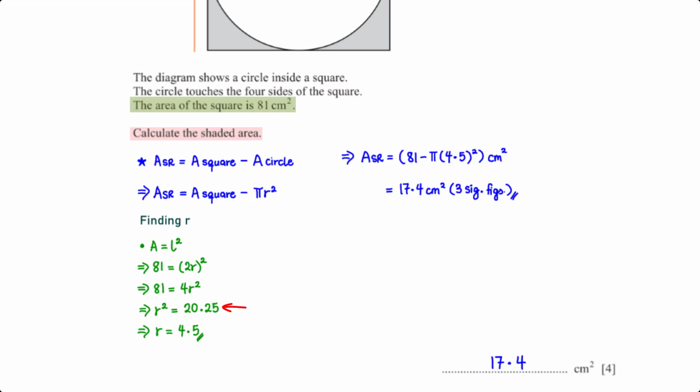And when we take square root of both sides, we have r equals 4.5. Now that we have the value of r, the shaded area is 81 minus pi times 4.5 squared, which is equal to 17.4 centimeters squared rounded to 3 significant figures.